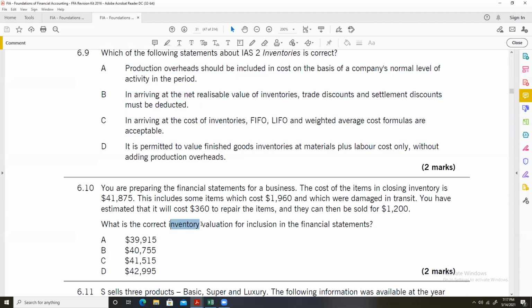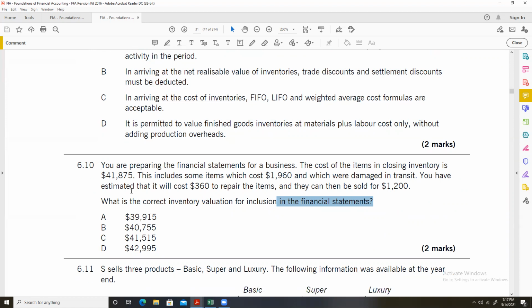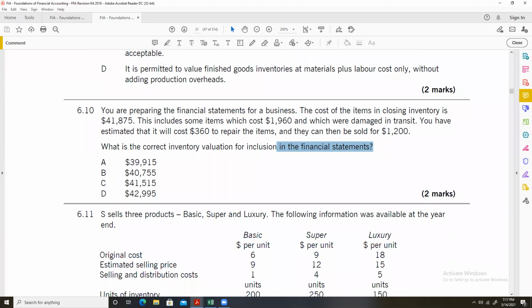What is the correct inventory valuation for inclusion in the financial statements? Okay, now let's look at question number 10. You are preparing the financial statements for a business. The cost of the items in closing inventory is $41,875.